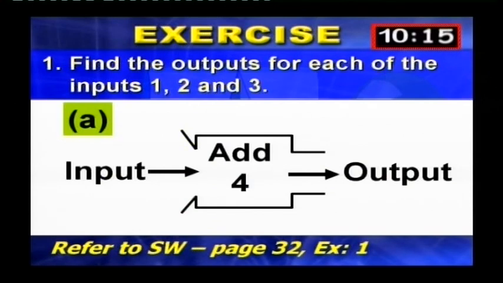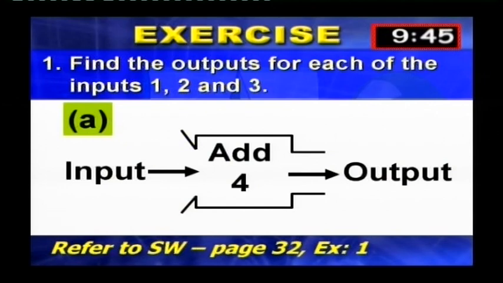Find out the outputs for each of the inputs. How many inputs are there? 3. Number 1, number 2, and number 3. You are going to do those 3. Can you remember the example I did? The inputs were 2, but for the exercise, the inputs are 3 now. So you have to work it out. Okay, you can work in pairs.